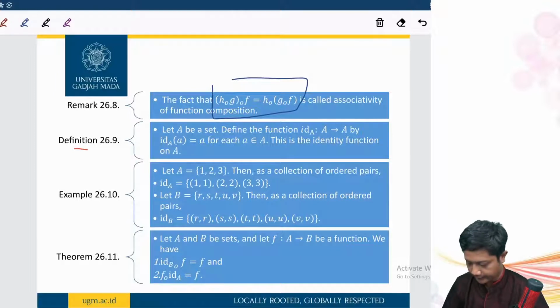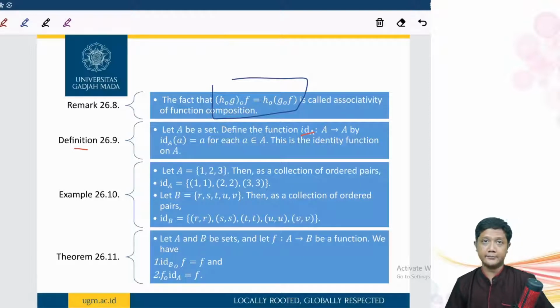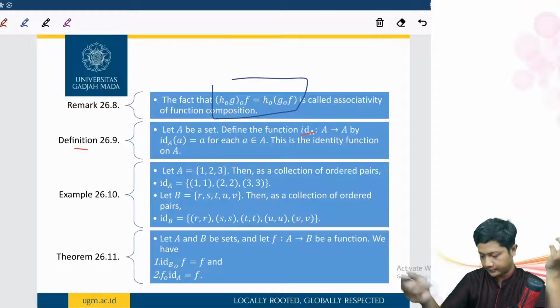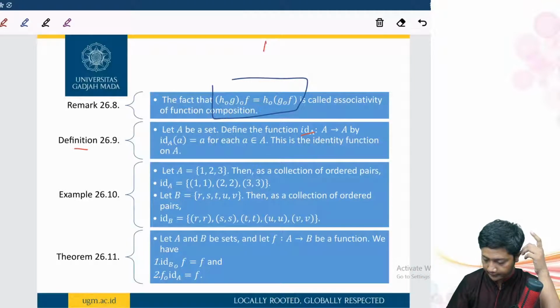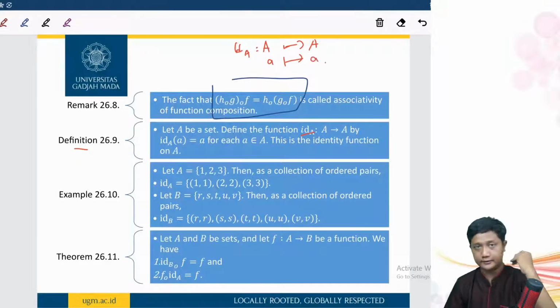And we have the definition of an identity function. What is the meaning of identity? Identity means we map an object to itself. So for example, when we have A to A, the identity of A is a will be mapped to a. So this one is the identity function.